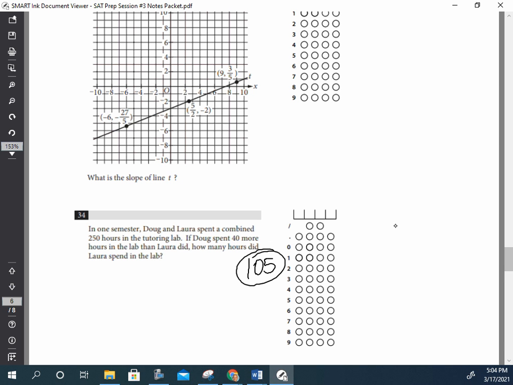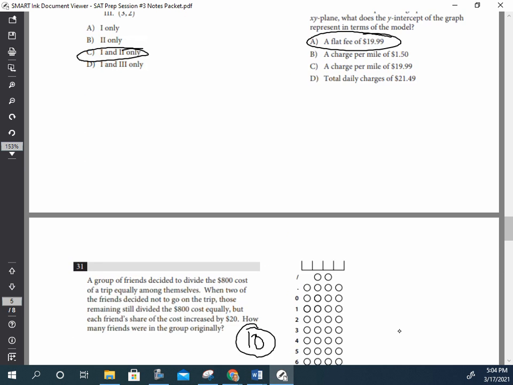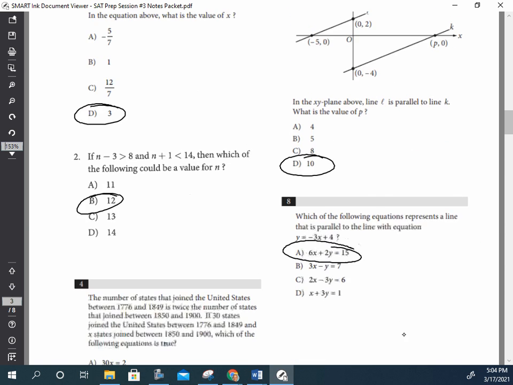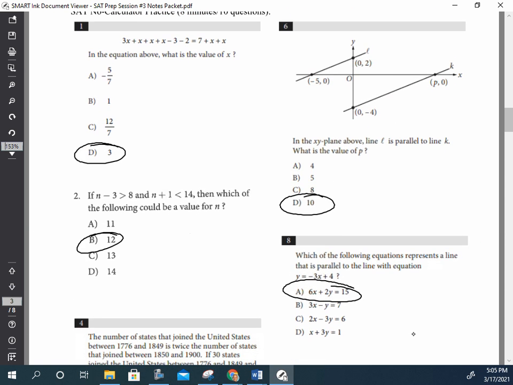Let's see, can you scroll up to 1, 6, and 2 on the no calc? Sure, I can do that, Jackson. Here, 1, 2, there you go, 1, 2, and 6.